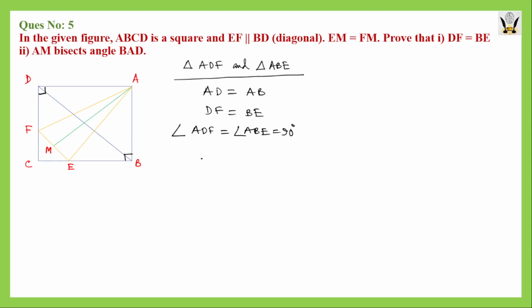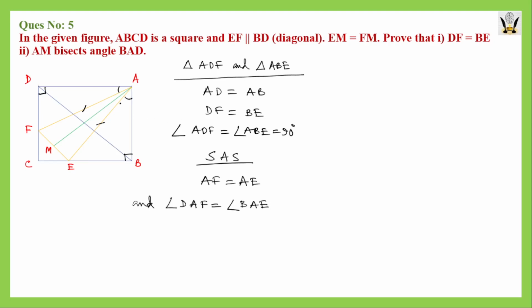So what type of congruency do we have between these two triangles? We have side, angle, side congruency. So these two triangles are congruent, and we can say that AF will be equal to AE, and at the same time this angle DAF will be equal to BAE.